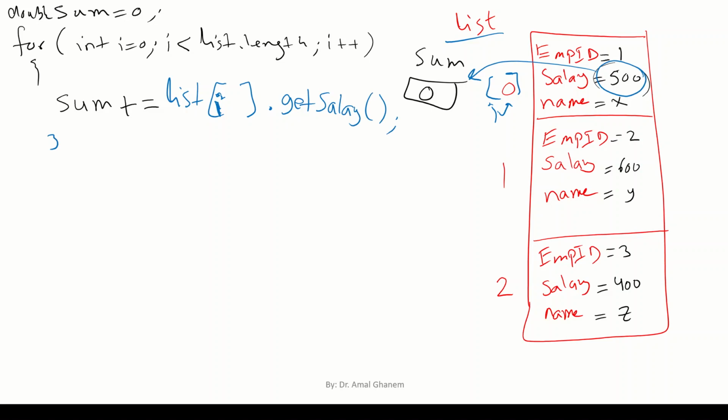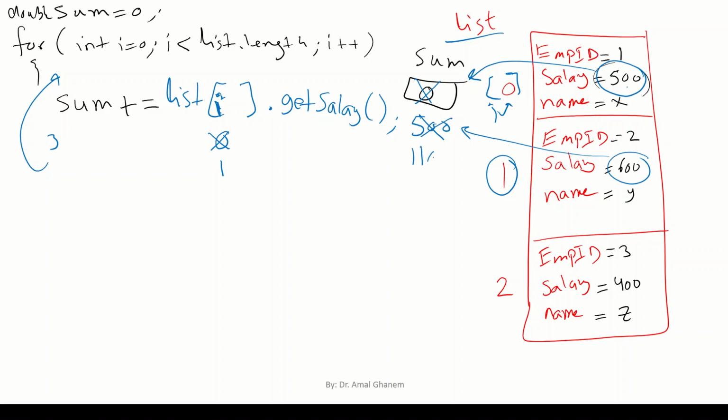So the first time when the value of I is 0, it means go to location 0 and get the salary, which is 500, add it to the sum, so the summation will be 500. When you go to the loop and you say I plus plus, the value of I will be 1. So go to location 1, get the salary, which is 600, and add it there.